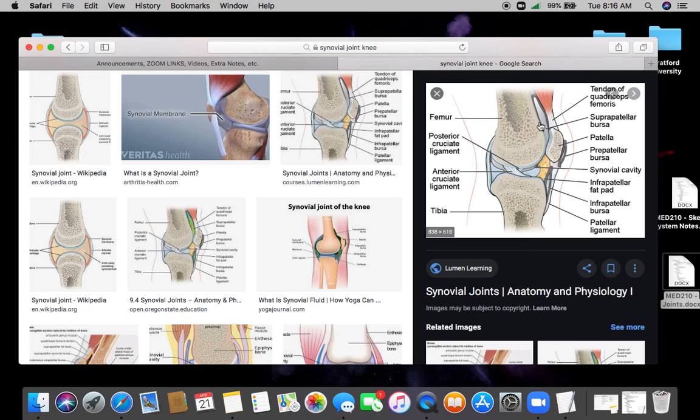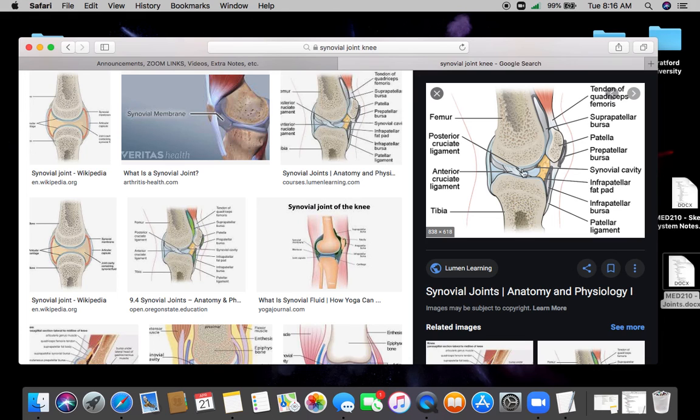You also have these little pockets, and this is a cavity for fluid. The fluid is called synovial fluid. If that stuff's clear and clean, that's what makes your joints move quite freely. Now, when you get older, of course, these ligaments start to tear and wear.